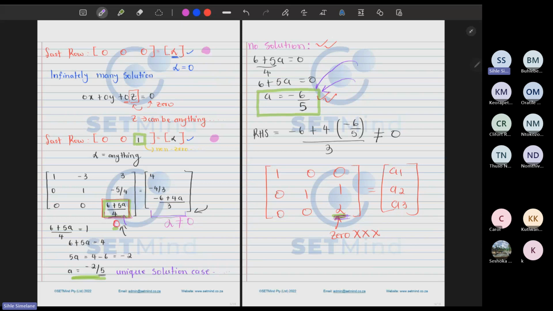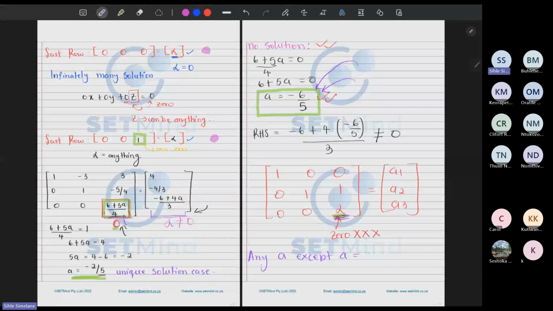So that's why they said the answer is any a, because any a value will give us numbers there, except when a is equal to -6/5.